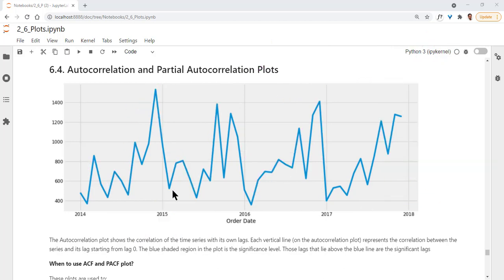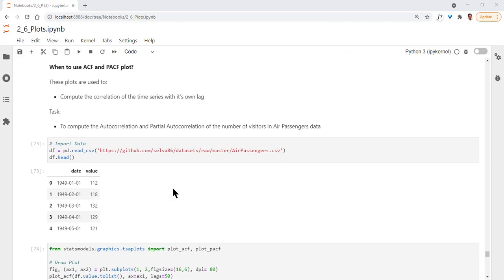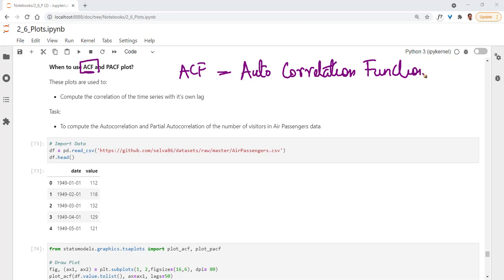Now, how to study this? We just simply compute the correlations between the series and its own lags. That correlation is what we call the autocorrelation function, ACF. Likewise, PACF has a similar meaning, but the way ACF is calculated and PACF is calculated is very different.